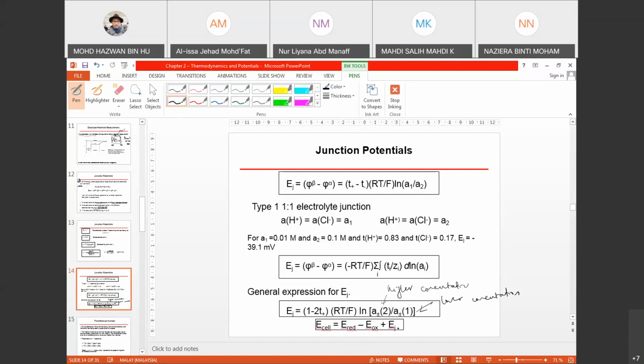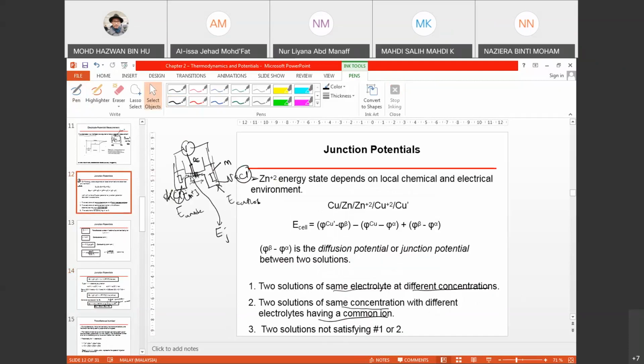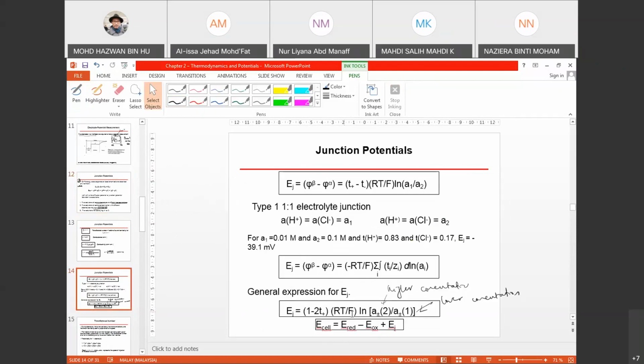This is in the case when you have this kind of setup, with a capillary that separates the two compartments. If it is in the standard condition, then you will get E naught. Then this will be the overall cell potential formula.